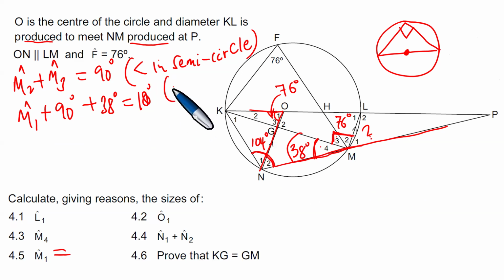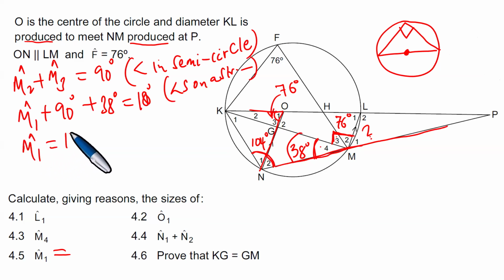The reason is angles on a straight line. So we have angle M1 equals 180 degrees minus 90 degrees minus 38 degrees. What is the answer here? 52 degrees.